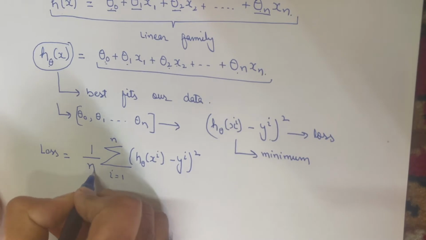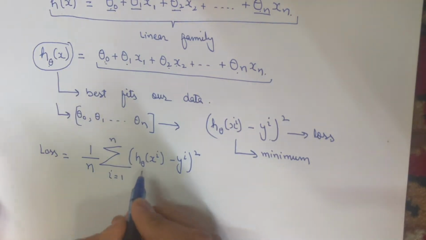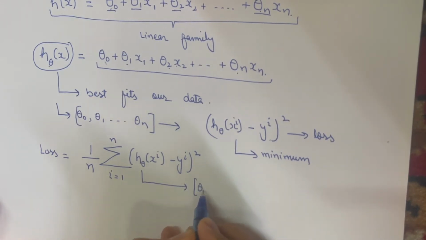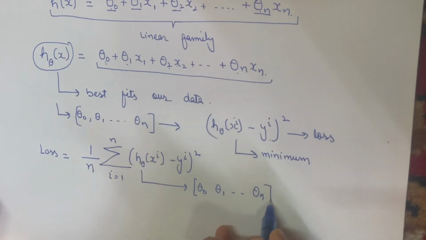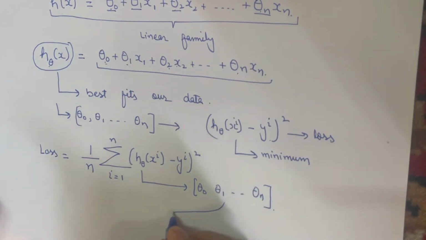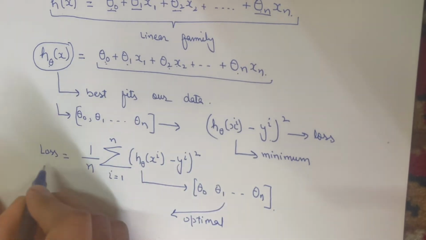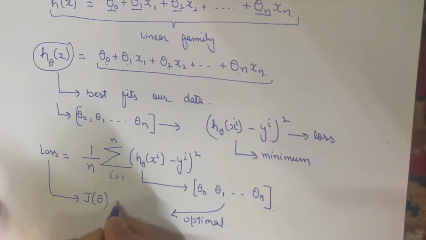Average is 1 divided by n. Okay, so those particular parameters theta 0, theta 1 dash dash dash theta n will be optimal for which this particular loss, this is also called j theta, loss function, is minimum.